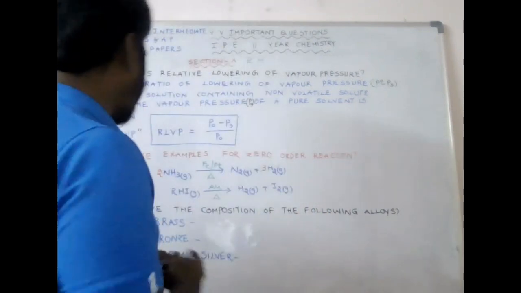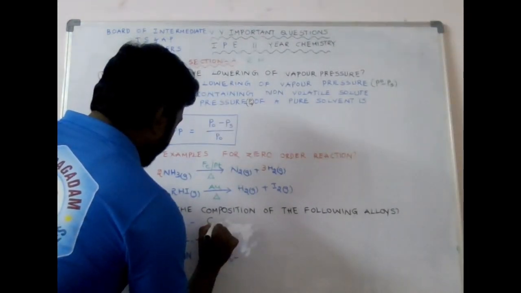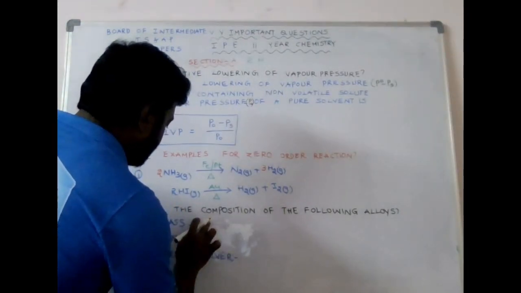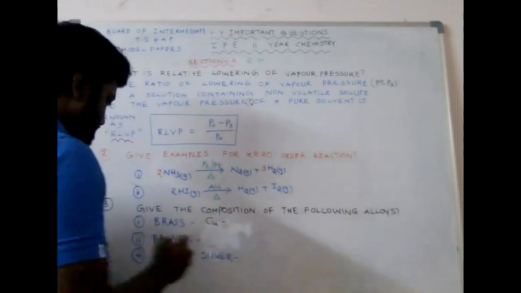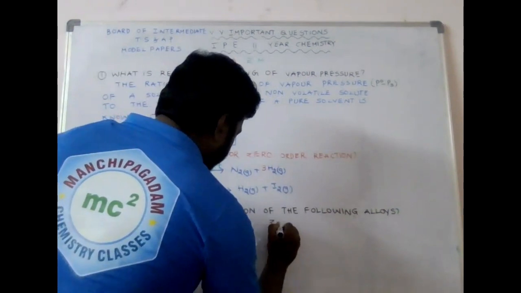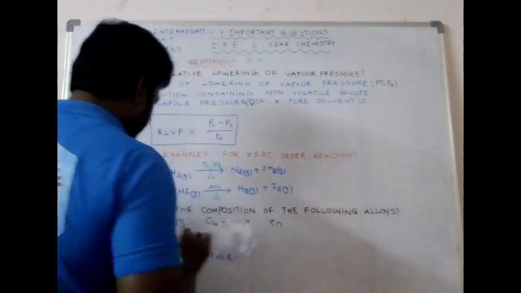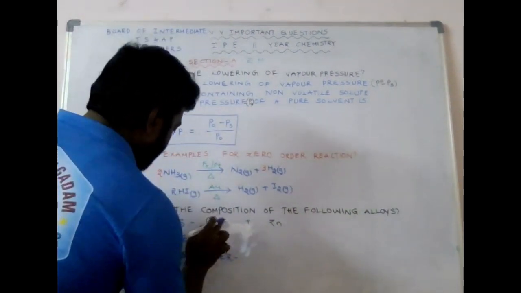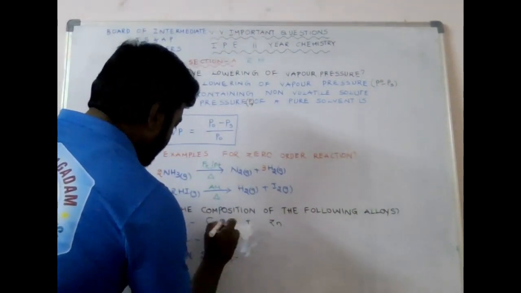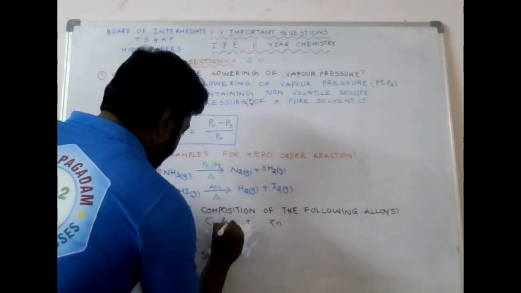We have to write. So in the brass, copper percentage here, and one more is zinc. Copper plus zinc. How much percentage of copper is there? Here the copper is present 80 to 90%.